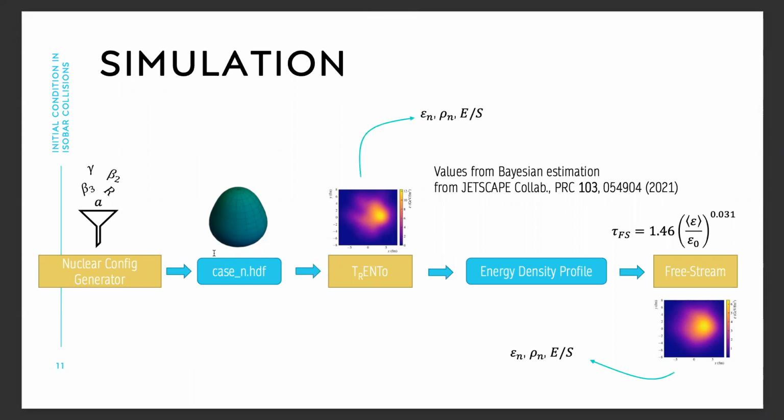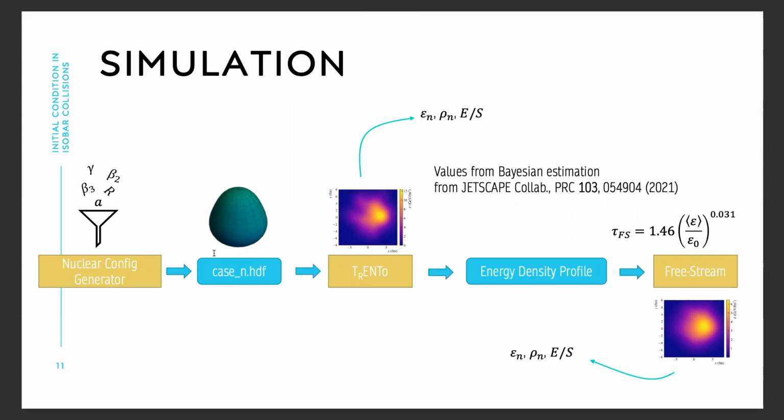So I ask it to give me the initial eccentricities, the ratios of total energy divided by the entropy, and so on and so on. The only thing that I do is have this nuclear configuration generator that generates my nuclear configurations.